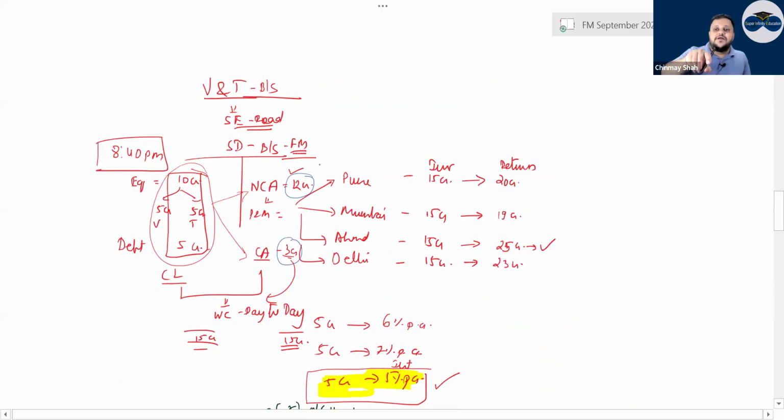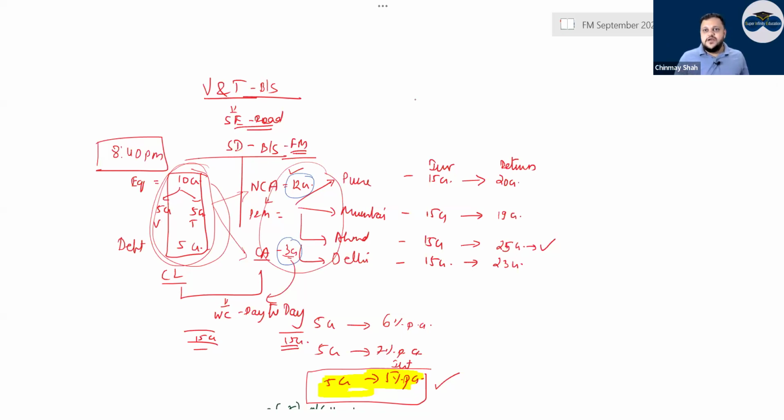But if capital employed or initial investment not given, can I say now, see, this is also 15 crores, this is also 15 crores, right? So capital employed basically has two meanings, correct? One is your investment that you do in the assets, may it be non-current, current assets, correct?